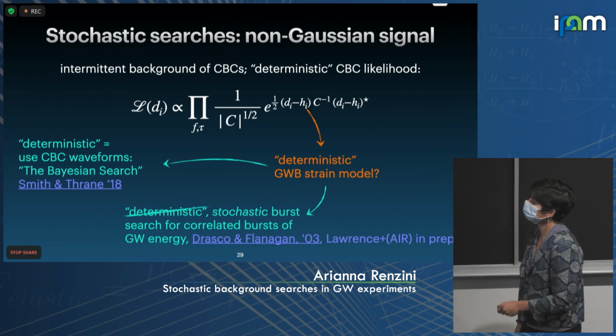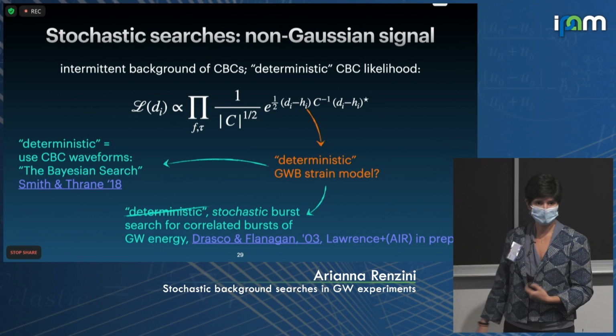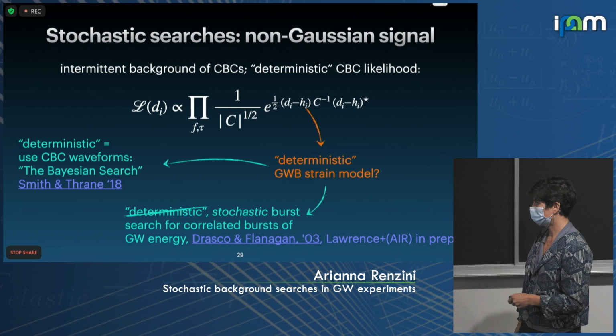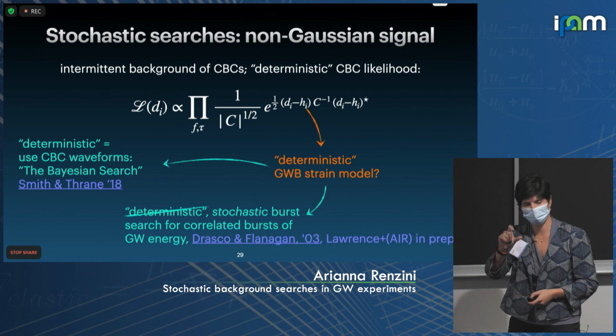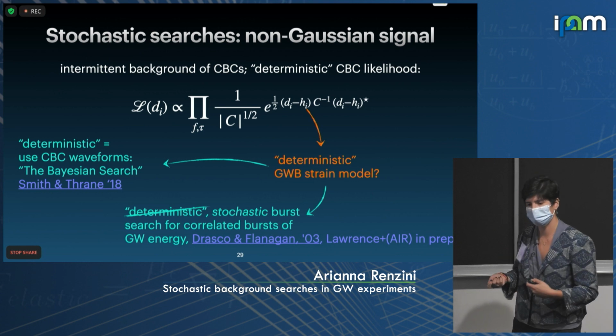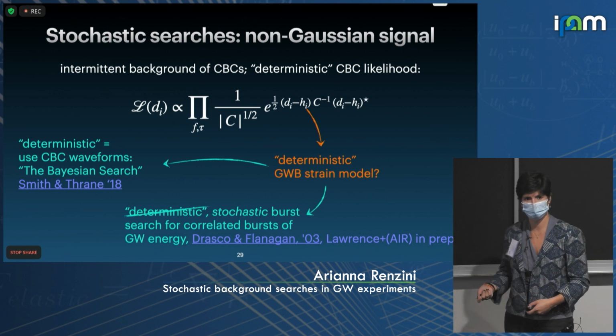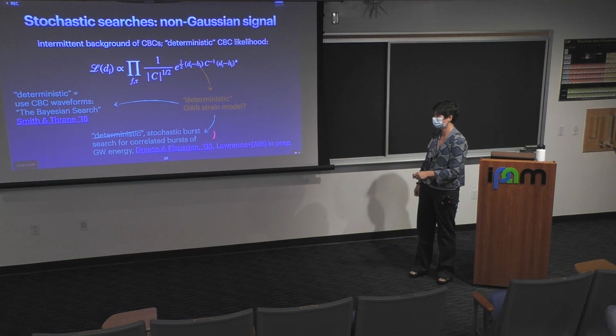You can relax this a little bit and say, well, let me search for a stochastic burst instead. So I know there's a burst. I'm actually only interested in knowing how much of that energy that I'm measuring is gravitational waves. So you can basically recycle everything you know about the cross-correlation statistic in the Gaussian mixture model context and come up with an intermittent stochastic search.